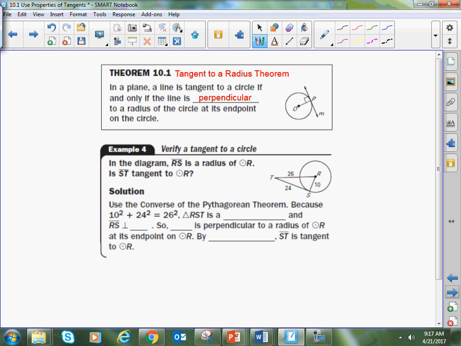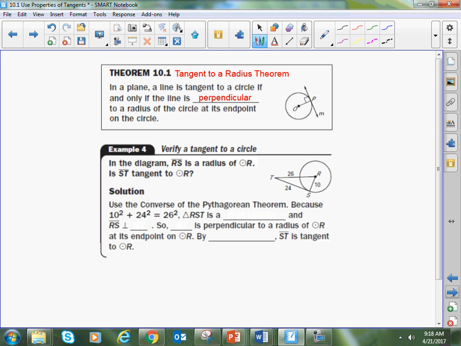All right, so now we're getting ready for our really good stuff here, and there is a demonstration video that shows you this property. What we're looking at is if I have a line, whether it's a line segment or ray, tangent to the circle, it will be perpendicular to the radius at the same point.